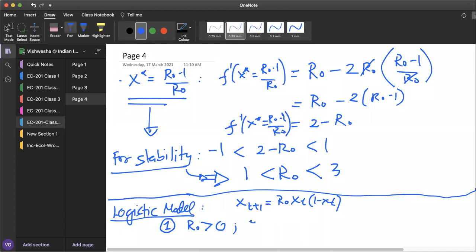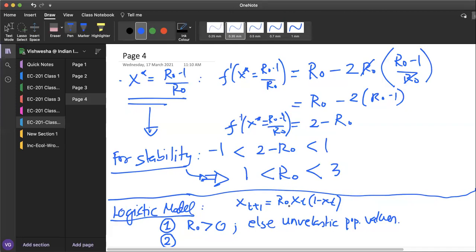Else, in fact, we discussed it long back, we will have unrealistic population values, which is negative values are prohibited, right? That's the first constraint.